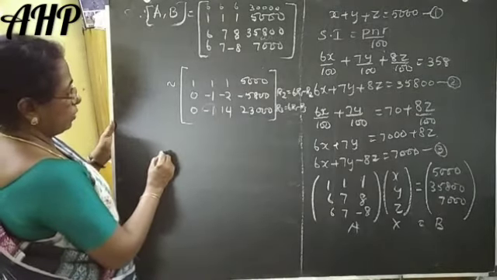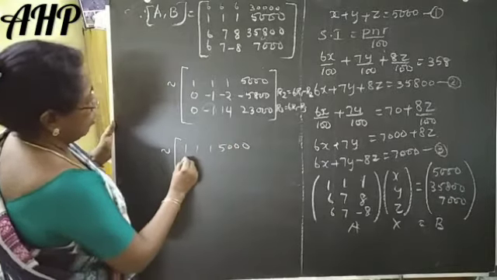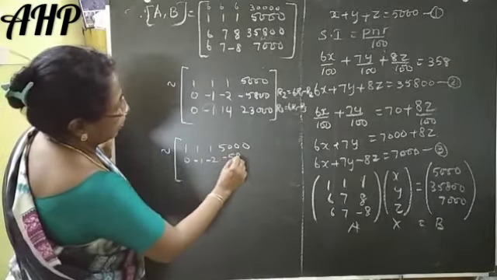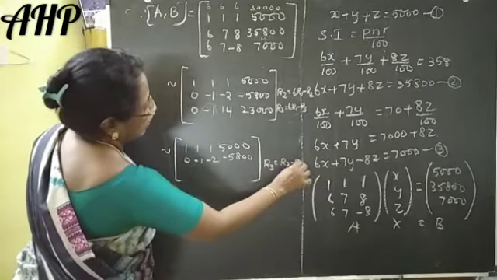So this is equivalent to 1, 1, 1, 5,000; 0, minus 1, minus 2, minus 5,800. Now we are going to make R3 equal to R2 minus R3.